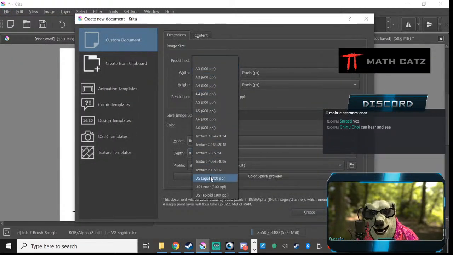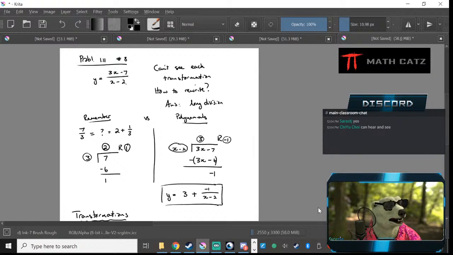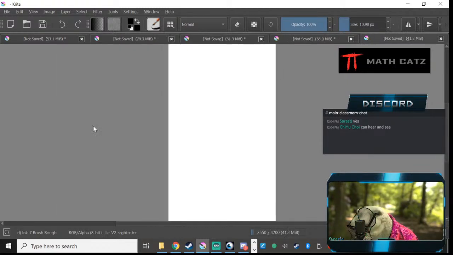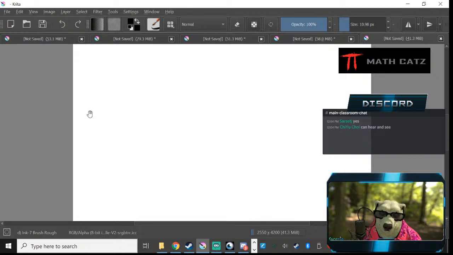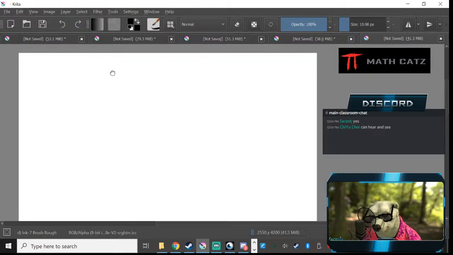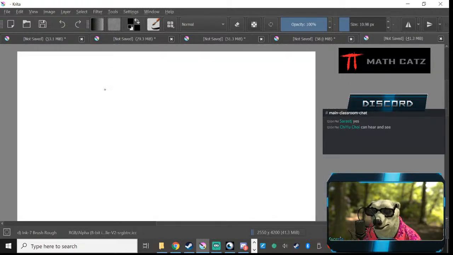Let me just make a new page for the next little bit, but the next little bit is not too bad. I just want to go back to my long-term behavior issue. Now, there's a lot of similarities here with what we did with polynomials.